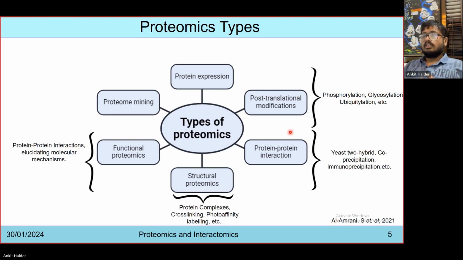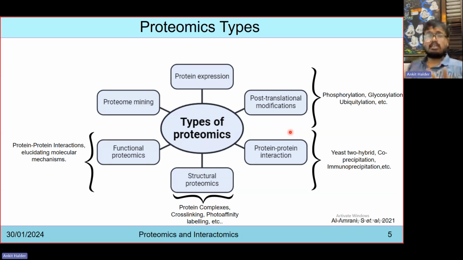Now going to functional proteomics. Not only the structural, but to understand, if you have an uncharacterized protein, or a protein whose role is not well characterized, how to know that? That can be known through functional proteomics.